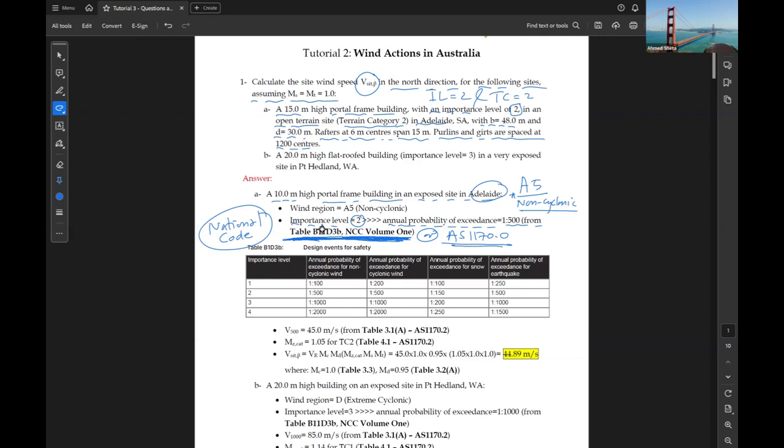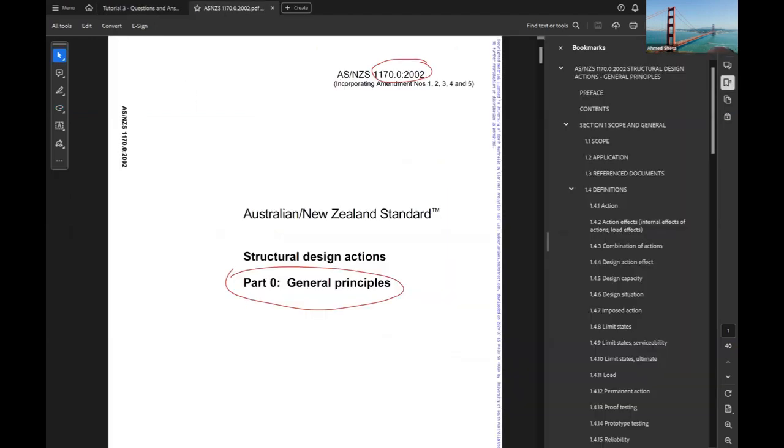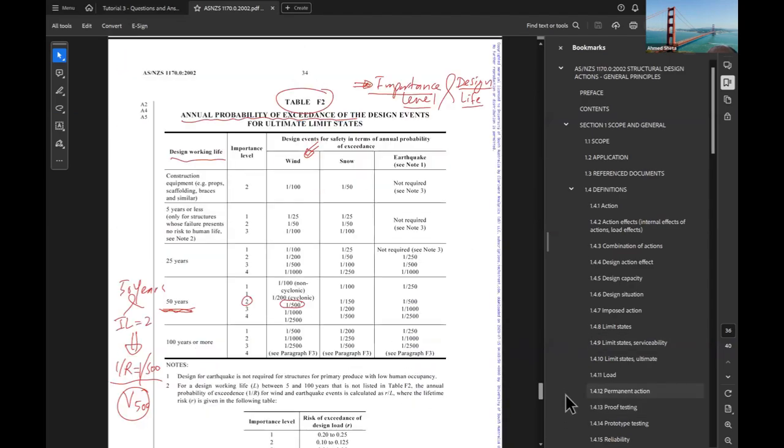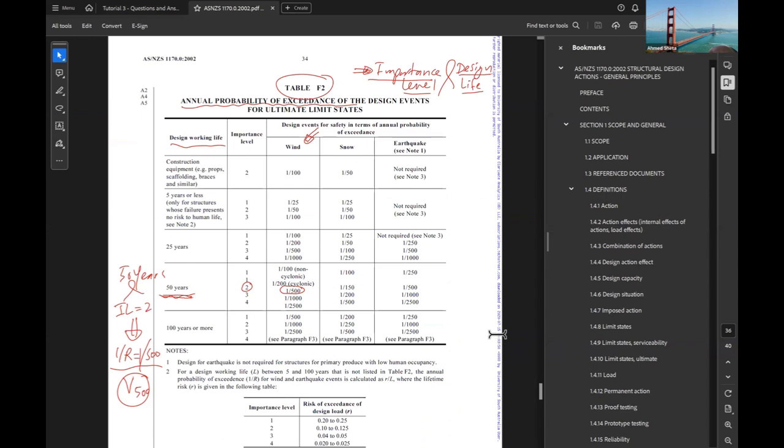So for importance level 2, let's open the other one as well to compare. Can you see the Australian standard? Yes. So both give the same values, but anyway.